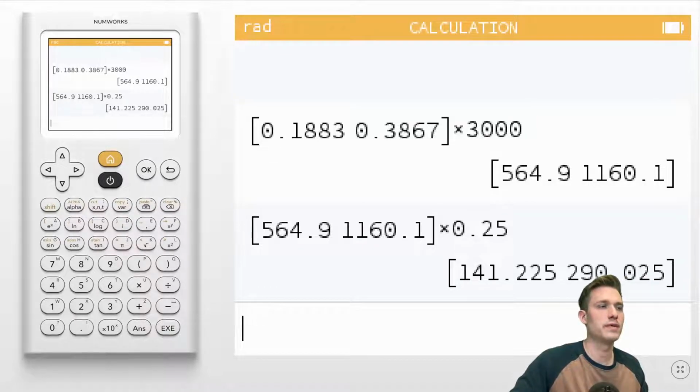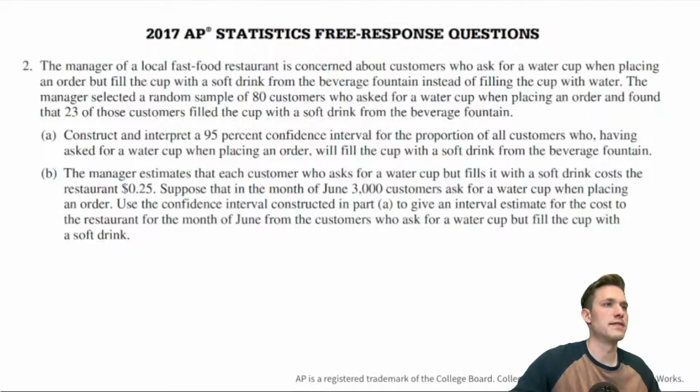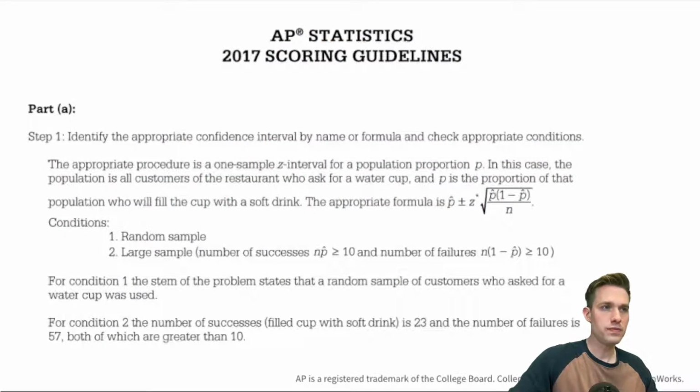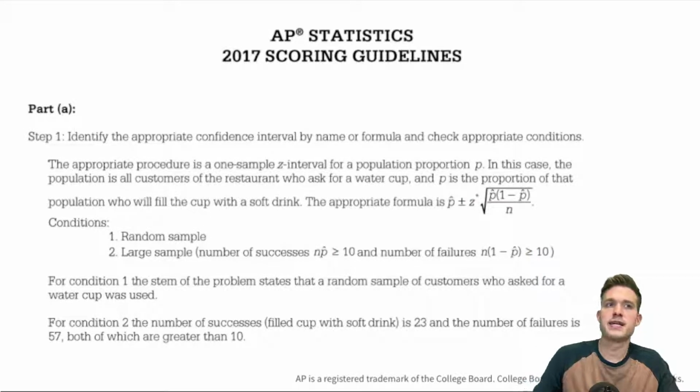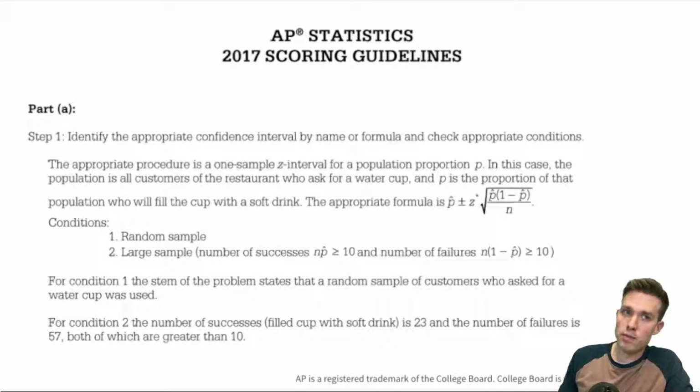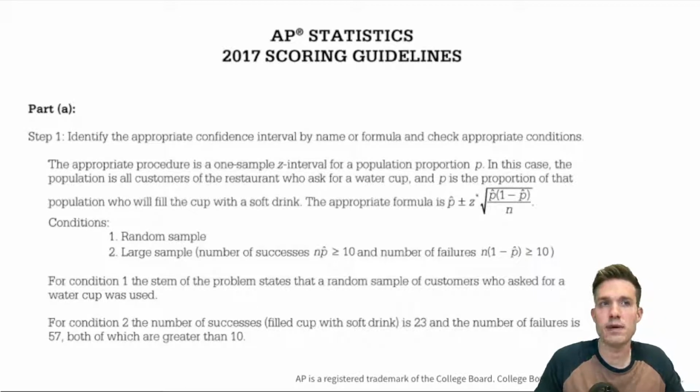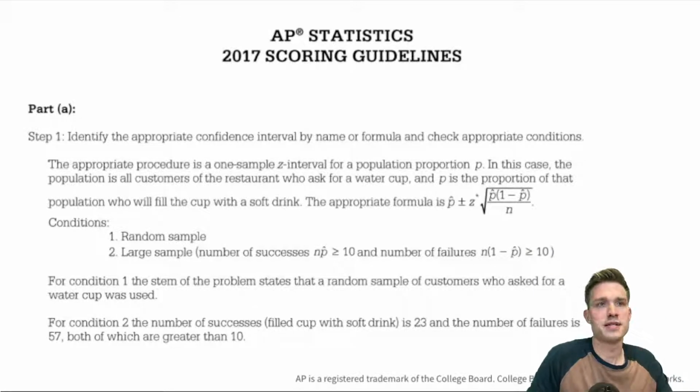Let's take a look at what the scoring guide would say for this problem. Part A says to identify the appropriate confidence interval by name or formula and to check the appropriate conditions. Once again, your students are going to be responsible for those conditions.